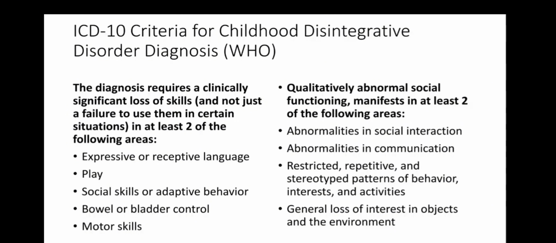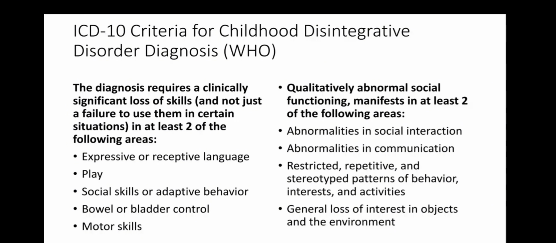So, as I mentioned earlier, the diagnosis requires a clinically significant loss of skills in at least 2 of the following areas. So that is expressive or receptive language, play, social skills or adaptive behavior, bowel or bladder control, or motor skills. Qualitatively abnormal social functioning manifests in at least 2 of the following areas.